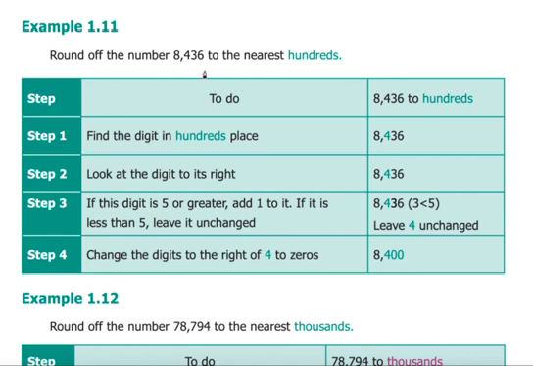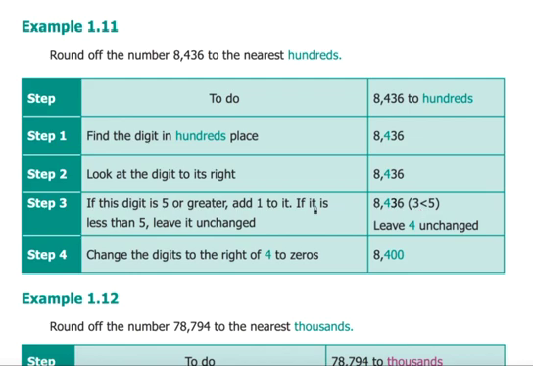This one is nearest to 100. Which one? This is nearest to 400, not 500, right? So 8,400. Find the digit in the hundreds place. Look at the digit to the right. 3 is less than 5.